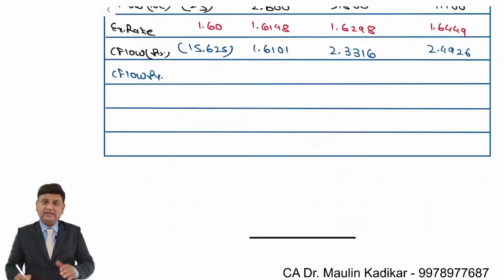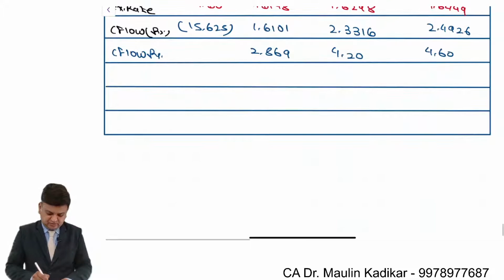Cash flow in rupee term has already been provided to us: 2.869, 4.20 and 4.60.